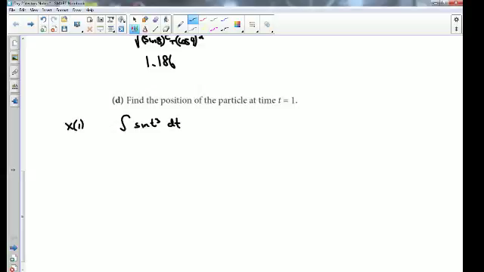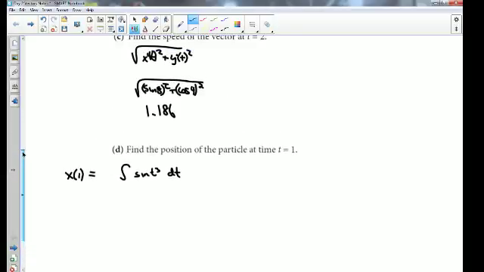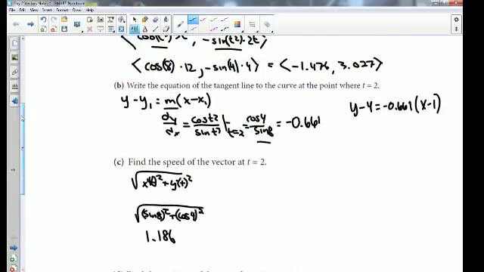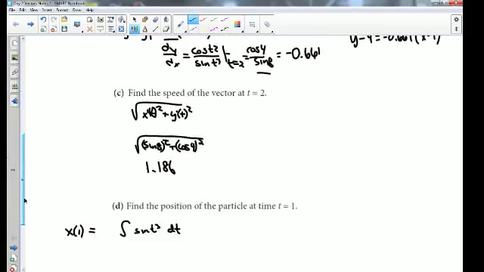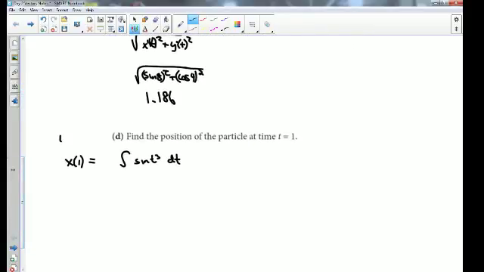Yeah. So if we want x at 1, our initial position at time 2, right? So this is where these can get a little bit confusing. This is time 1, not x is 1, right?